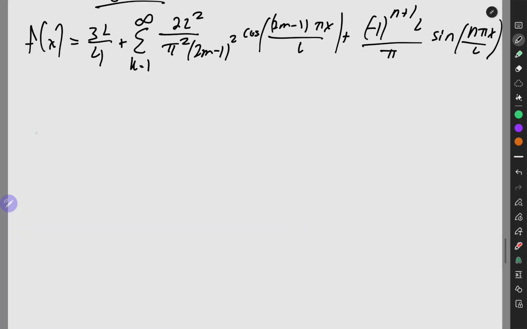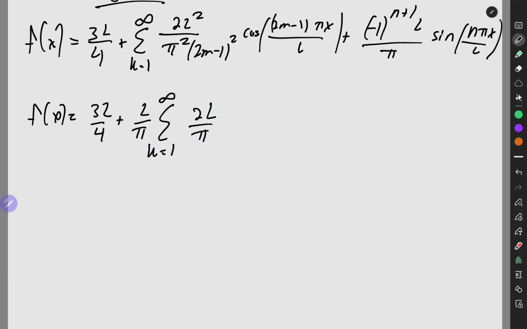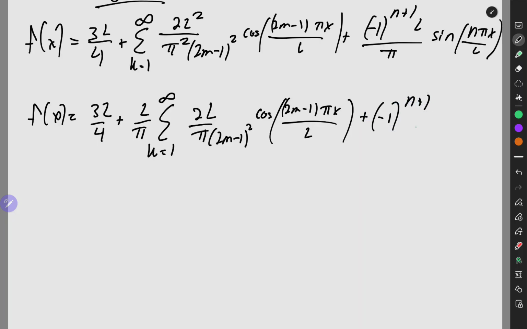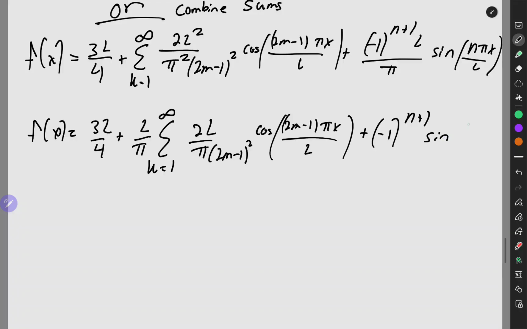So you can then write it like this, times sine n pi x over L.